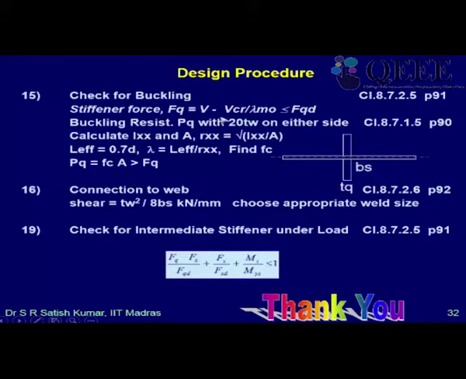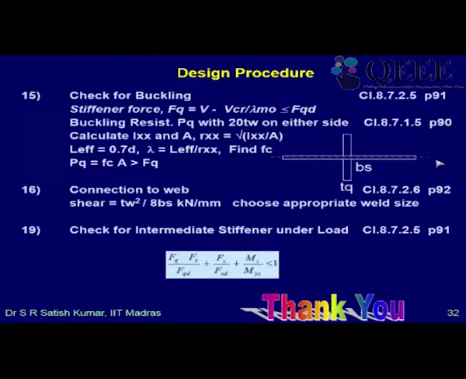So if the reaction at the support is V, the shear at the end of the beam, we have to check that this stiffener has a radius of gyration rxx such that, and a moment of inertia such that KL by r gives you some lambda, and for that lambda the fcd into area of this cross section exceeds the load coming on the cross section. Okay, so that is how we check it as if it's a column buckling between the flanges.